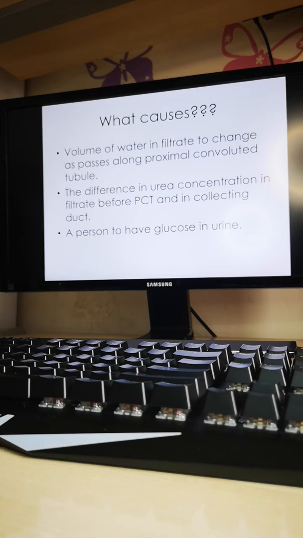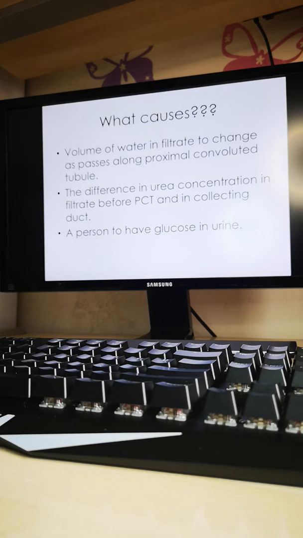Okay, so why might a person have glucose in their urine? Well, if you find glucose in someone's urine, that is not normal really for the majority, unless you're eating an excessive amount of glucose in one meal, because we know that in the proximal convoluted tubule, glucose would move by diffusion, and then we actively transport glucose back into the blood from the filtrate.